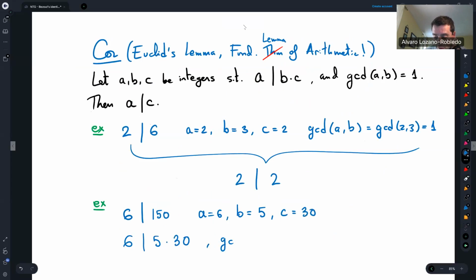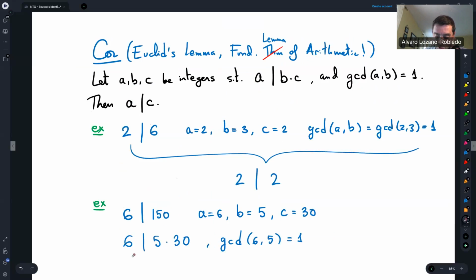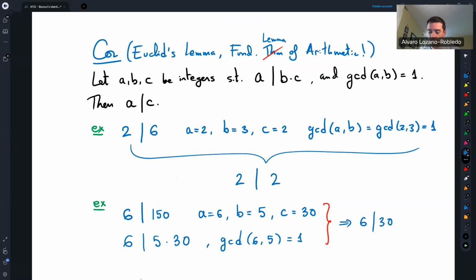But the GCD of 6 and 5 is 1, so we must have that 6 and 5 are relatively prime, 6 divides the product, so then 6 must be a divisor of 30. Okay, so all of these things together with the corollary, what that says is that 6 must be dividing 30, because 6 and 5 are relatively prime. Okay, all right. Very good.